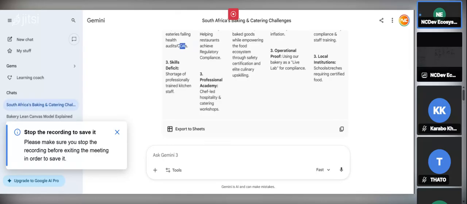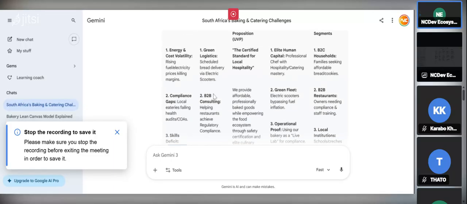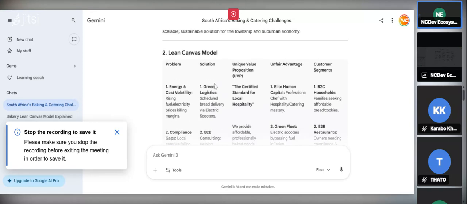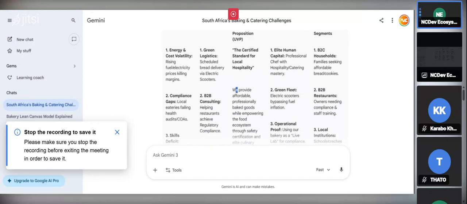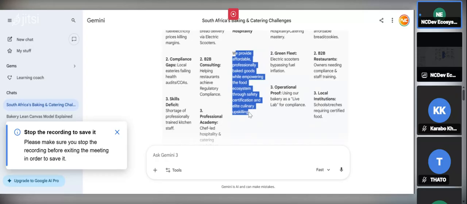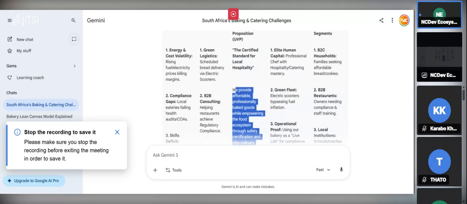So that is one of the things you need to operate as a food business. Then the skills deficit is the shortage of professionally trained kitchen staff, and then the unique value proposition, like we said, is that one.